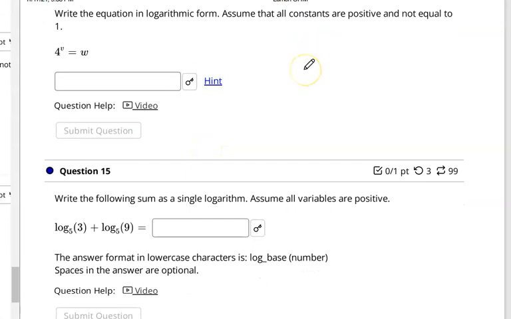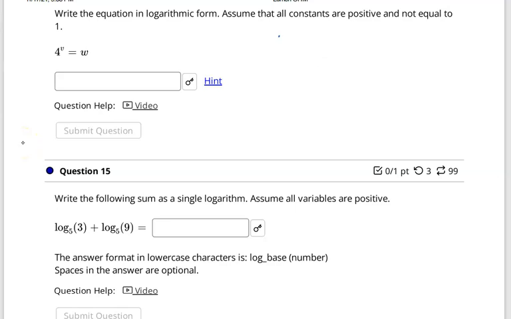Now we're going the other direction. And again, we can write that out. Log base a of x equals y means a to the y equals x. Well, I've got 4 to the v equals w.